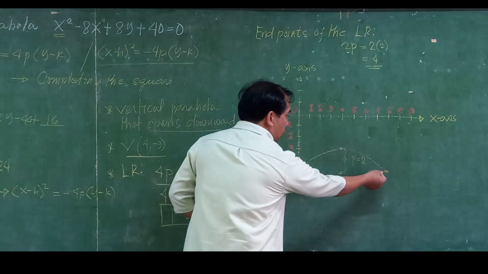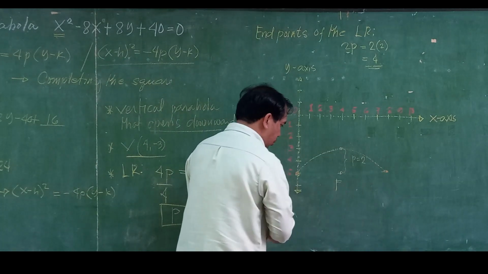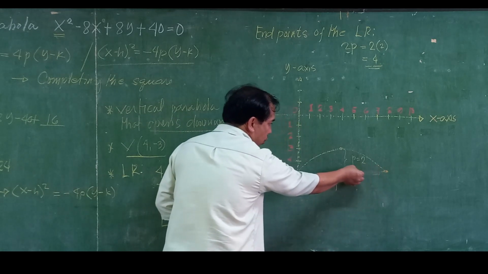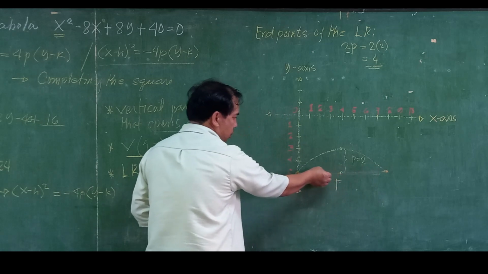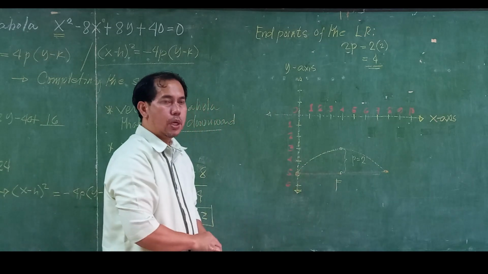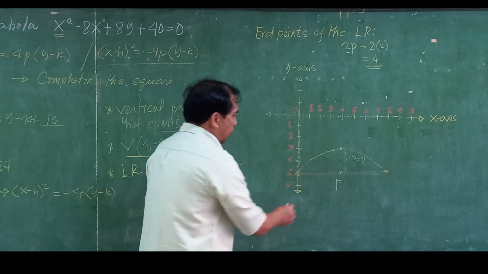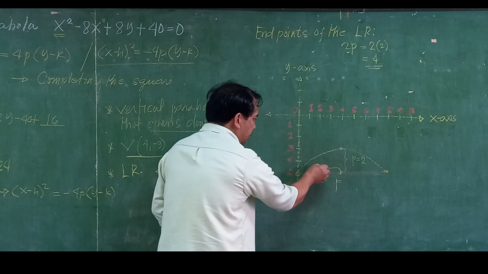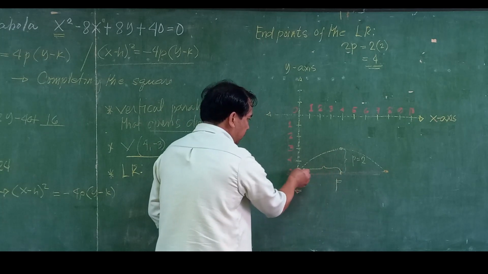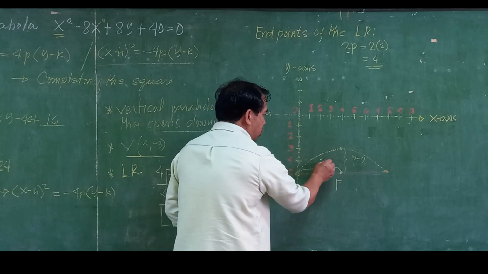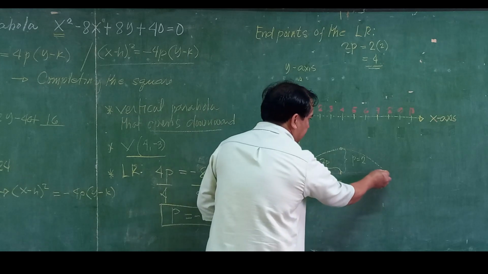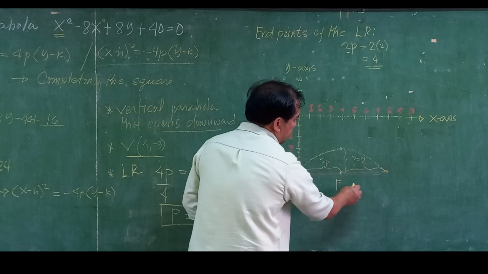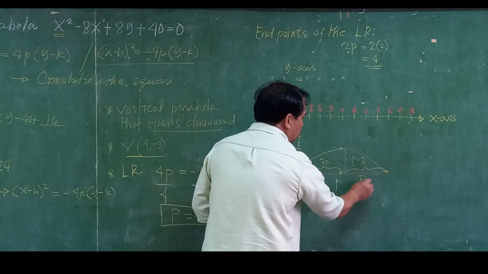Of course, it will pass through the focus, and so this is our latus rectum. What is the measure of the latus rectum? That is 4p. How about over here? Same, 4p.